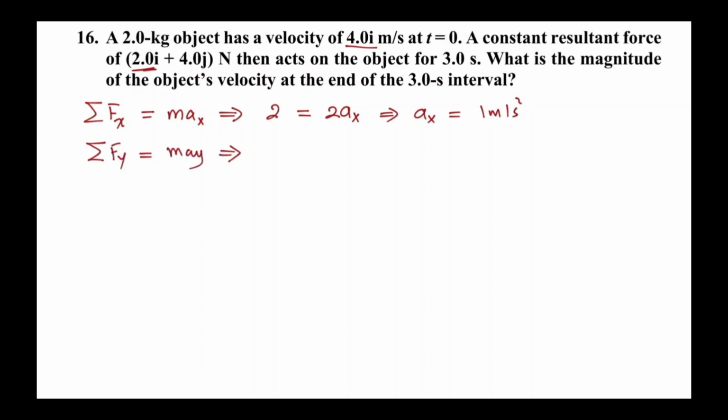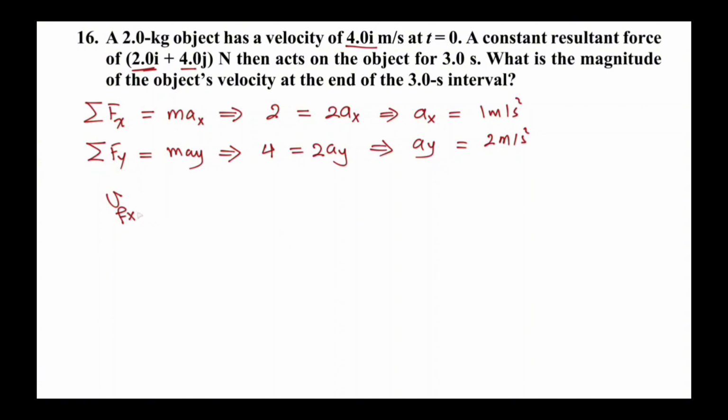In other words, Fy equal to 4 equals 2ay, and ay in this case equal to 2 meters per second squared. Now we calculated ax and ay. We can find the final velocities x and y using equations of motion.